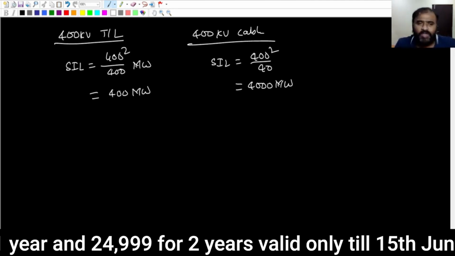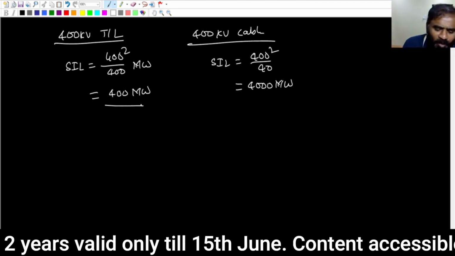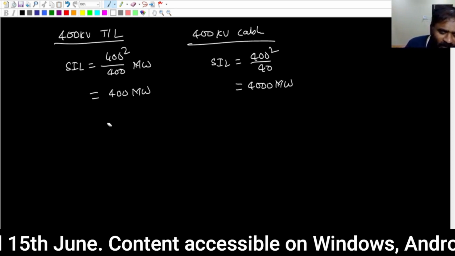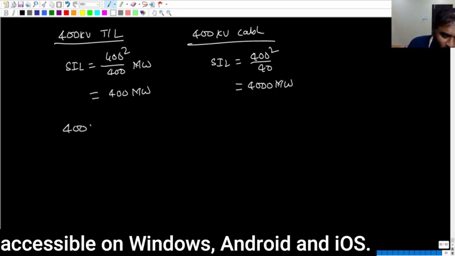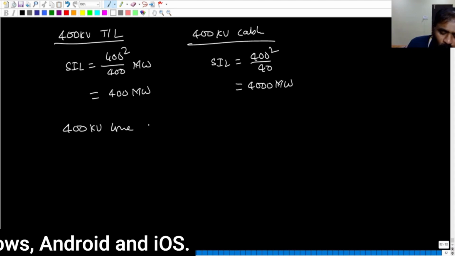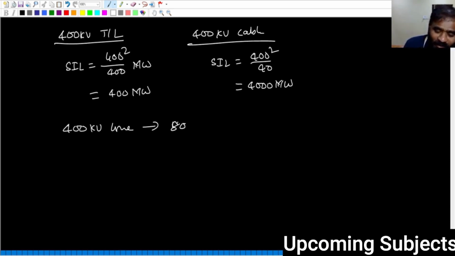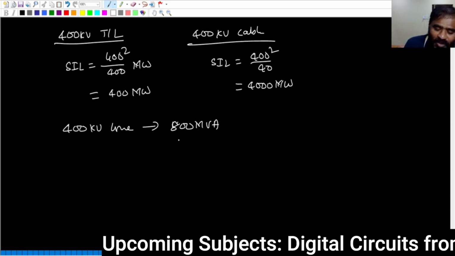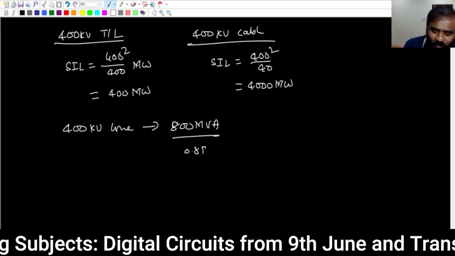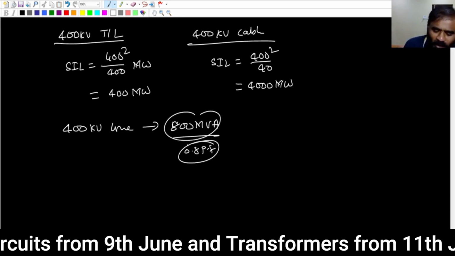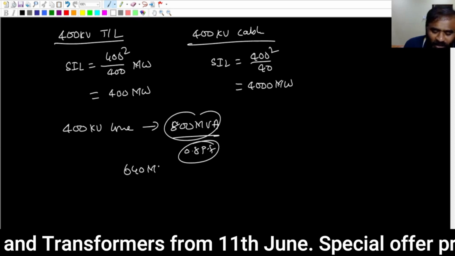But why am I saying practical loading is greater than this 400 megawatt? You remember the power handling capacity of a 400 kV line is 800 MVA. Assuming 0.8 power factor, 800 into 0.8 gives 640 megawatt.